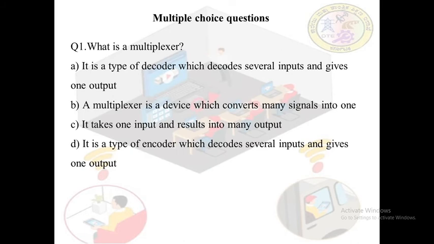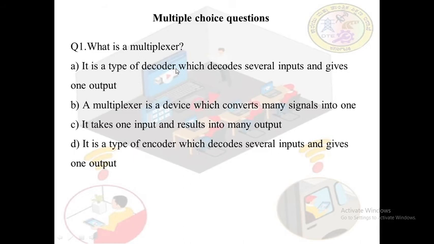Option B: it is a multiplexer, a device which converts many signals into one. Option C: it takes one input and results in many outputs. Option D: it is a type of encoder which decodes several inputs and gives one output.